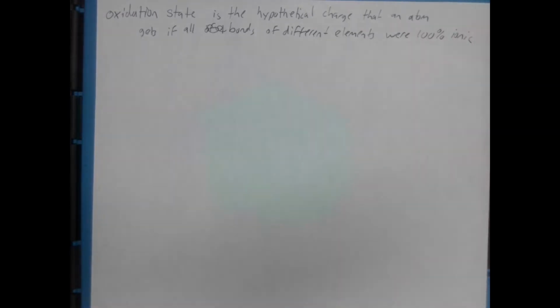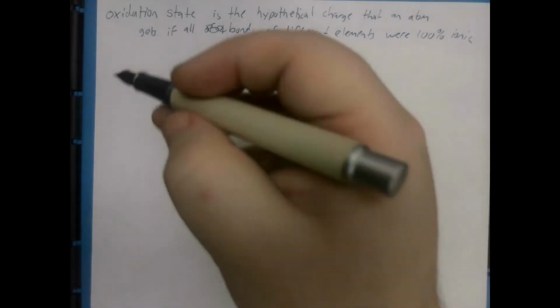So oxidation state is a hypothetical charge that an atom gets if all bonds of different elements were 100% ionic.